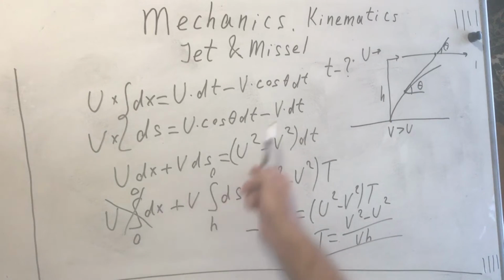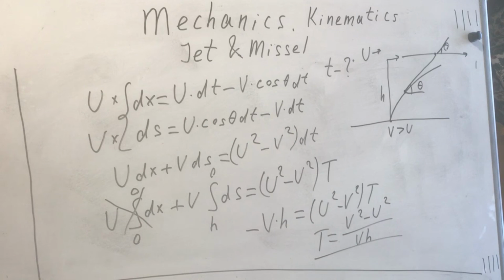We can use the same equations and the solution will be the same. The answer will be a little bit different. So this is a demonstration of how to use the correct frame of reference to solve problems in kinematics.